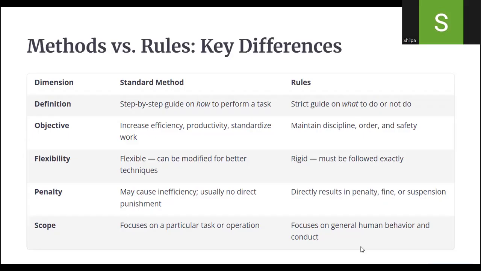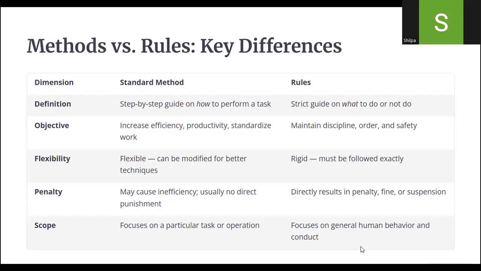Now what about rules? Now rules are not oriented towards task. Okay, wearing identity card in college is a rule. Whether you are sitting in a lecture, whether you are not sitting in a lecture, whether you are roaming in the campus, whether you are just drinking water near the water filter, or you are writing some exam, you are meeting your teachers in the college, wherever you are in the campus, you have to wear the identity card.